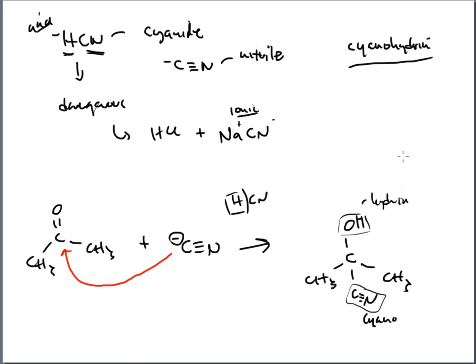If we want to name it and give it something like a common name, that's how we can do that. We call it acetone because that's what its precursor was, and cyanohydrin because the C triple bond N and that OH are both on the same carbon, and both components are there, and it came from HCN, and that is the proper kind of name for that particular functional group.